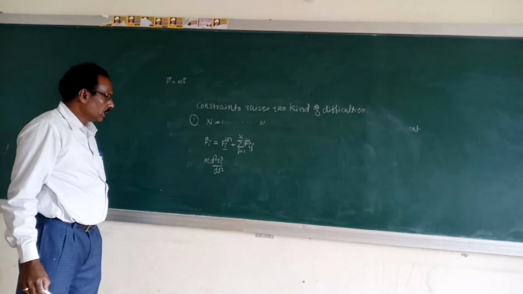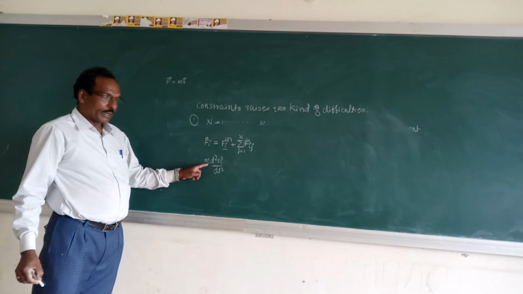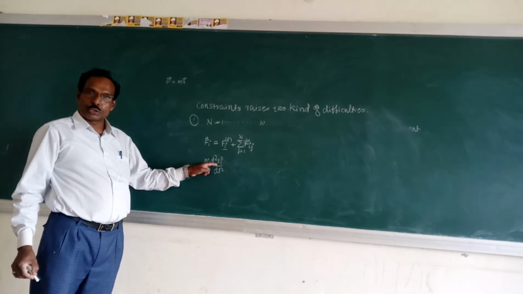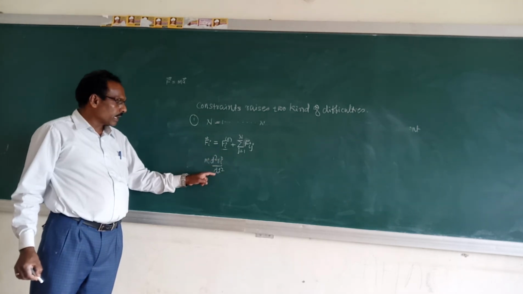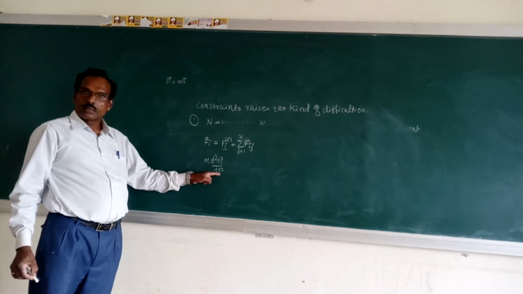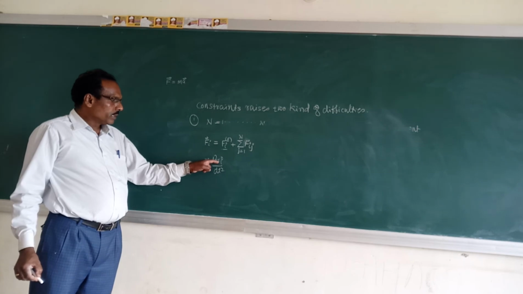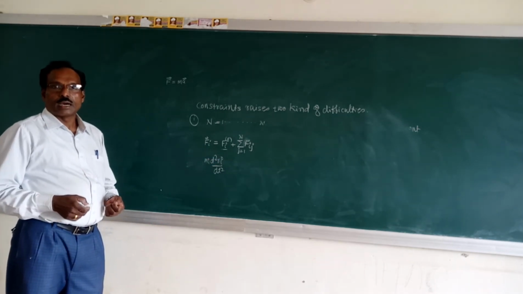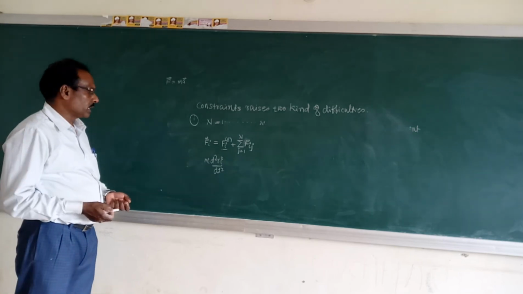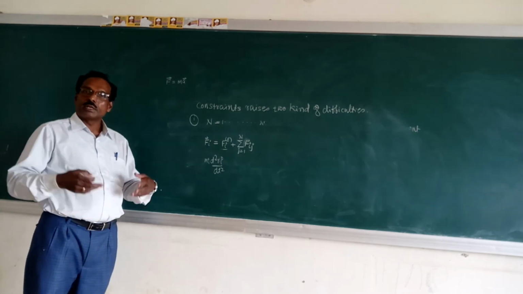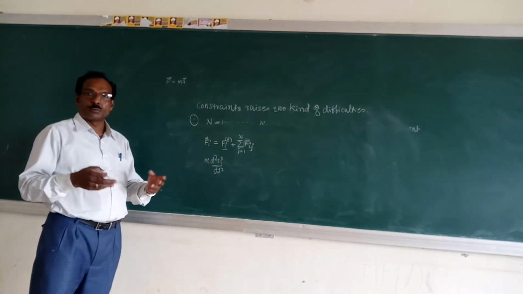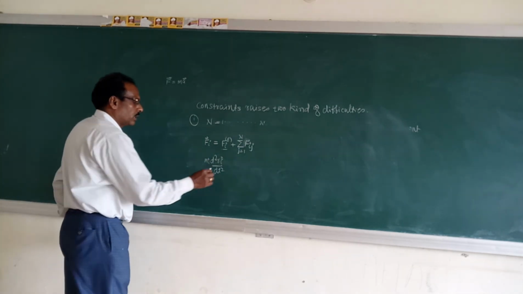So m_i is the mass of the iron particle, r_i is its position vector, and d²r_i/dt² is the second derivative. r_i is the displacement, its derivative is velocity, and the second derivative of displacement becomes acceleration.